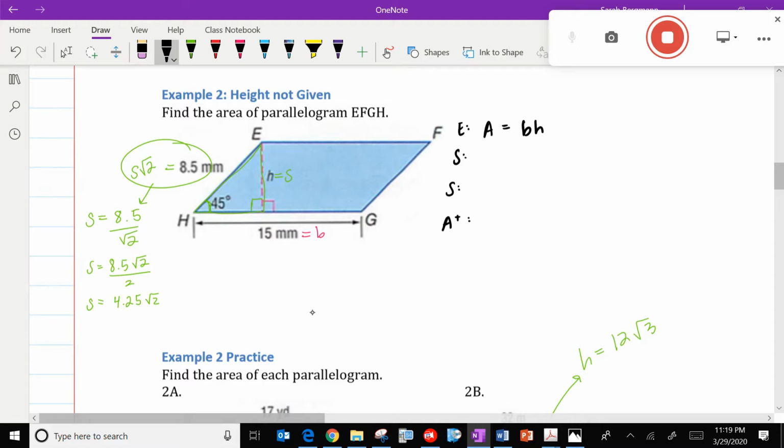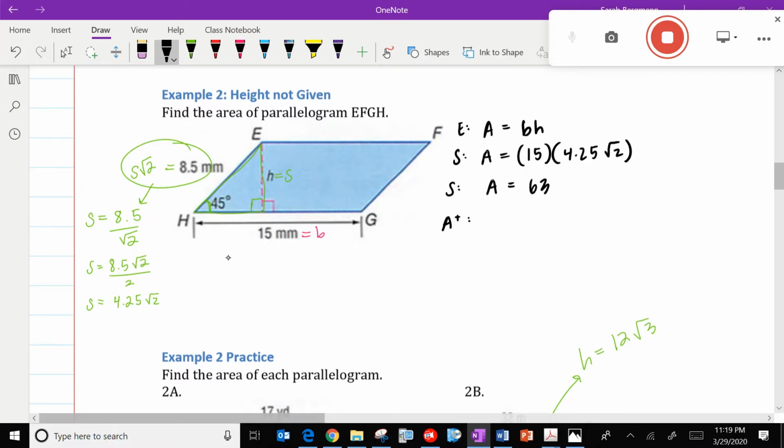ESSA, E equation, area equals base times height. Substitute, the base is equal to 15. The height is equal to 4.25 radical 2. To solve, all I need to do is multiply these together.